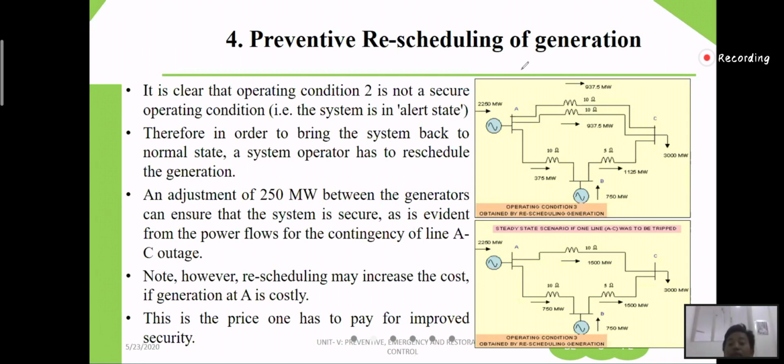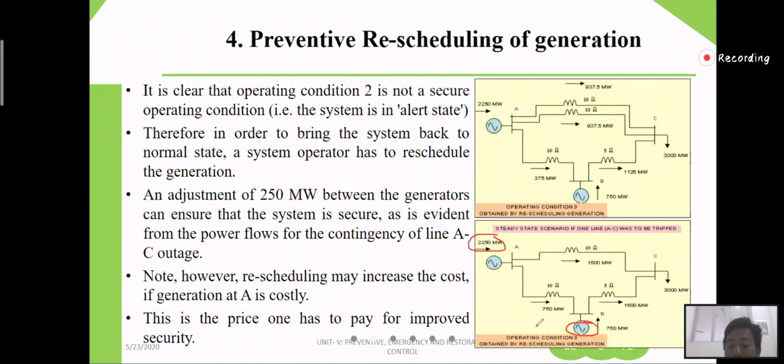Okay, but when you reschedule this, I have explained earlier, because we may not know that, this generator B might be cheaper to generate 1000 megawatt, but because of this situation, now we have to adjust and make this A generate more. Okay, which means cost may shoot up, but we have to pay the cost, or one has to pay the price for the improved security.